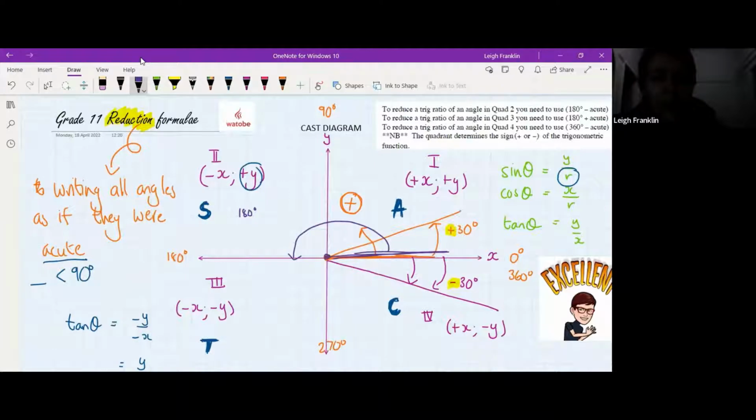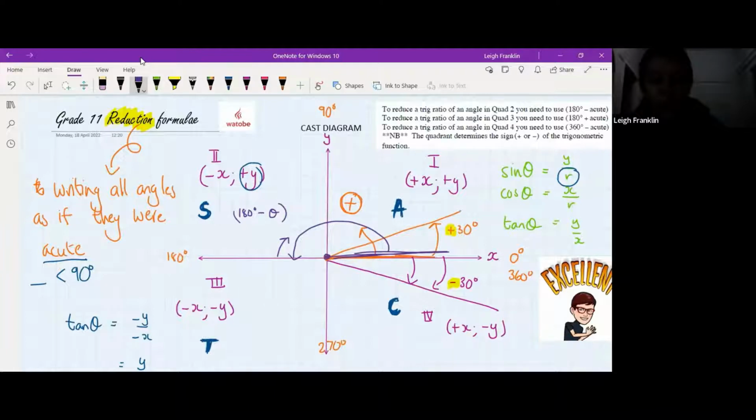Now, if I want to end up in the second quadrant, I would need to go forward to 180, and then go backwards, by a value smaller than 90 to keep me in the second quadrant. And that's why we use the reduction formula 180 minus theta, where theta is an acute angle, for quadrant number 2.